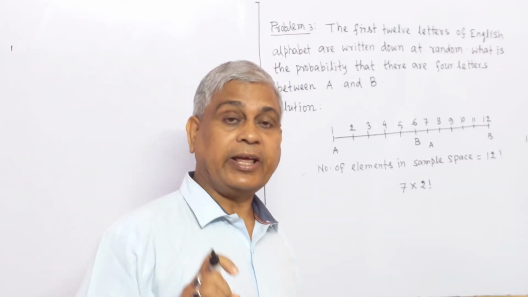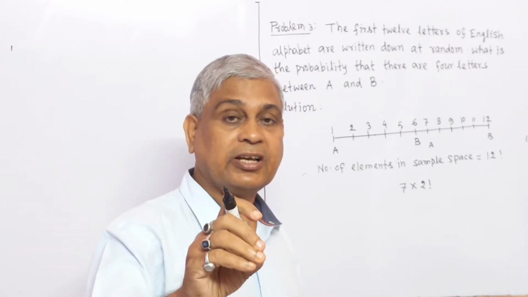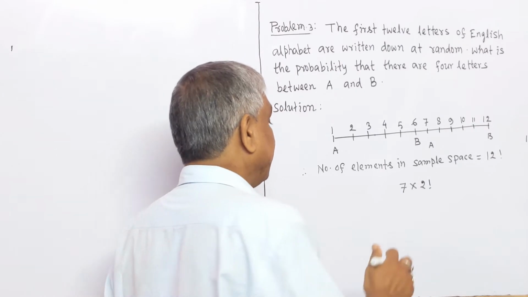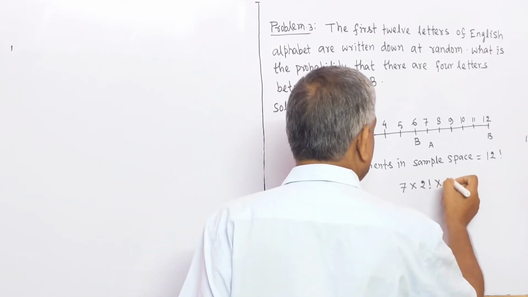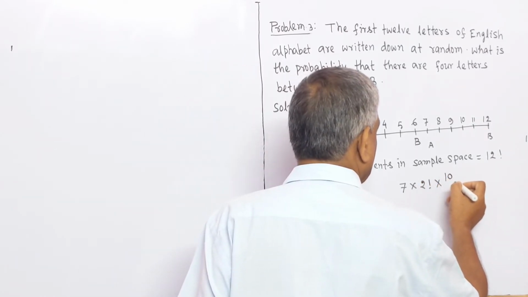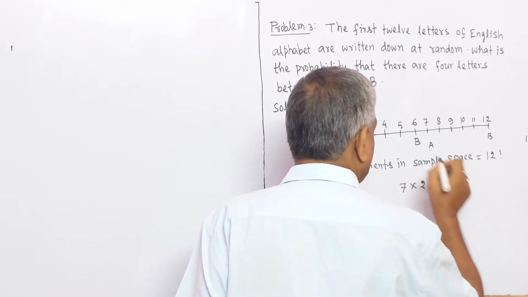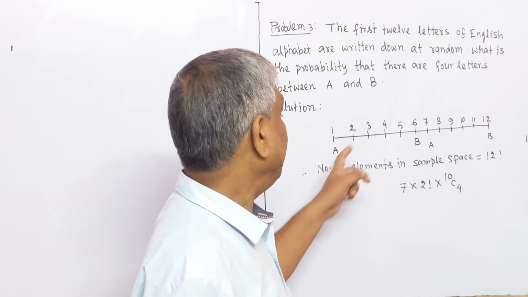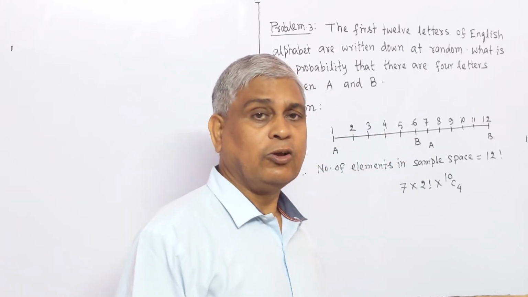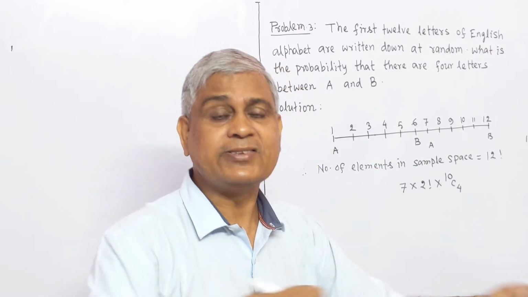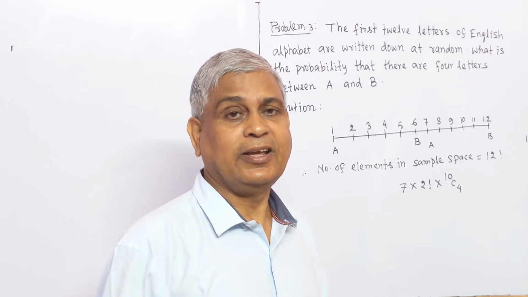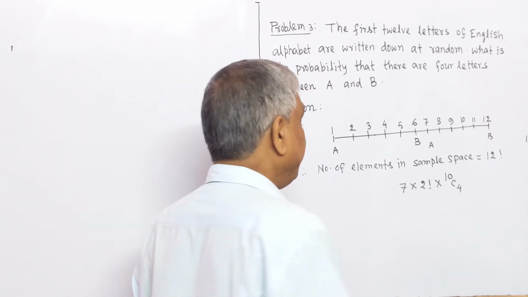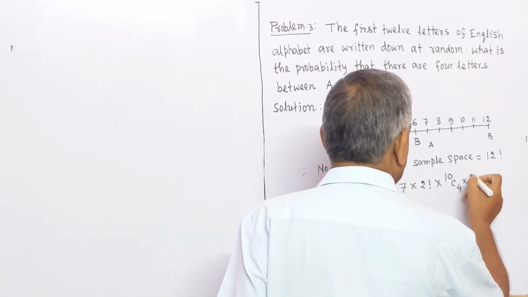So we have to select 4 letters out of 10 letters. This is the matter of combination. And after selecting, we will have to rearrange these 4 letters. Rearranging the 4 letters is number of ways is factorial 4.